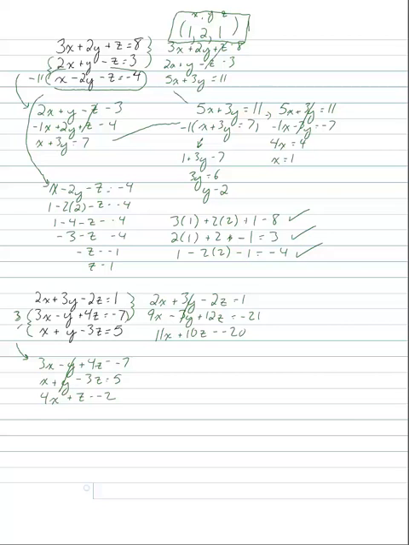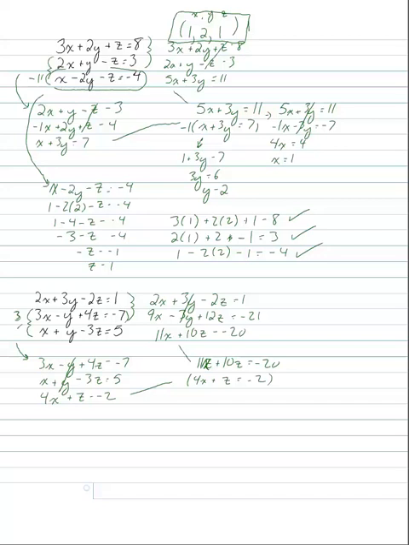So again, I'm going to take those 2 equations with 2 variables and recopy them right on top of each other, so I can try to eliminate one of these variables. That was an x. So 11x plus 10z equals negative 20. 4x plus z equals negative 2. Okay, so if I look at these variables, my z seems easier to eliminate.